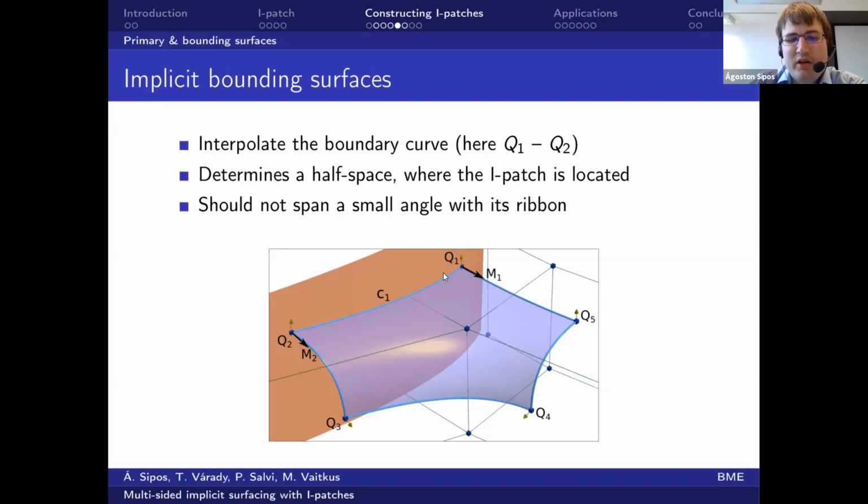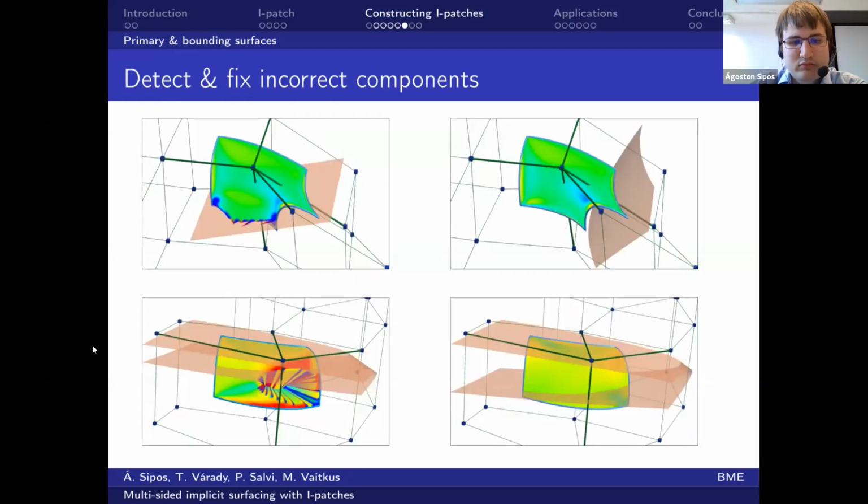But we have also experienced that if they are close to each other in the spanned angle, then various shape artifacts and numerical problems will arise, most likely. In the figure, this is avoided by fitting the bounding surface with the constraint that its gradient should interpolate the local binormal vector of the boundary curve.